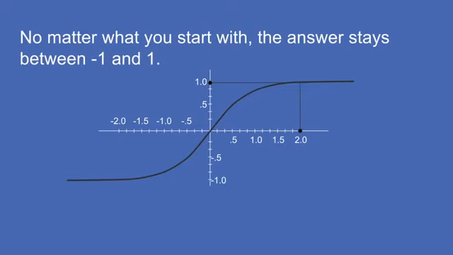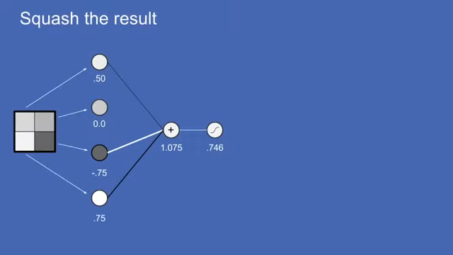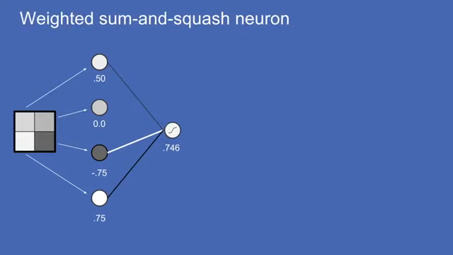So this ensures that that neuron's value never gets outside of the range of +1 to -1, which is helpful for keeping the computations in the neural network bounded and stable. So after you sum the weighted values of the neurons and squash the result, you get the output. In this case, 0.746. That is a neuron. So we can collapse all that down, and this is a neuron that does a weighted sum and squash the result.